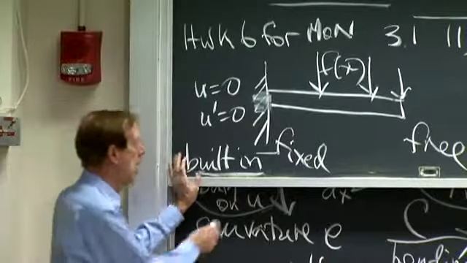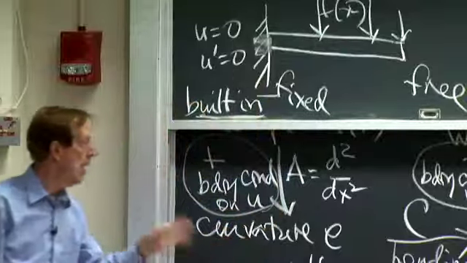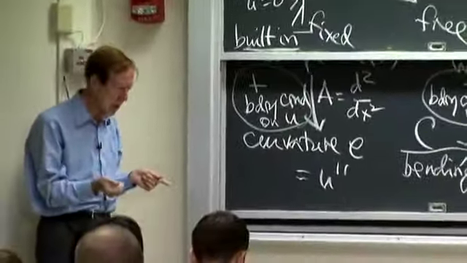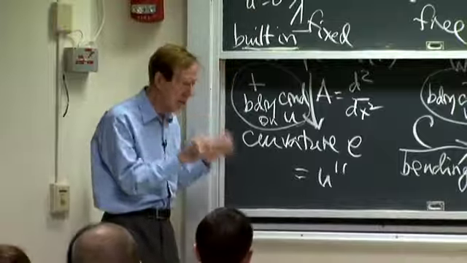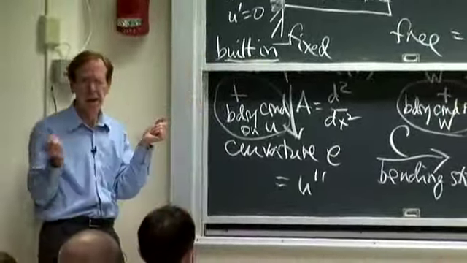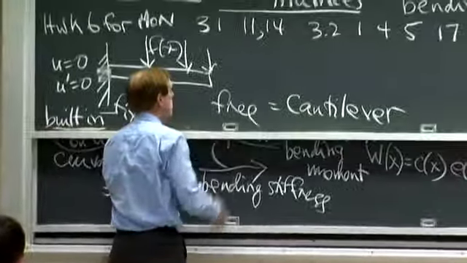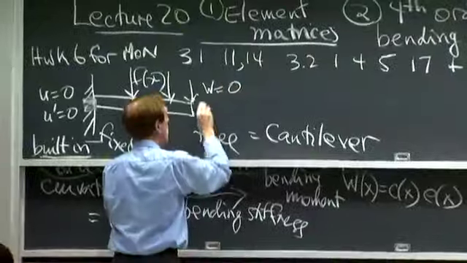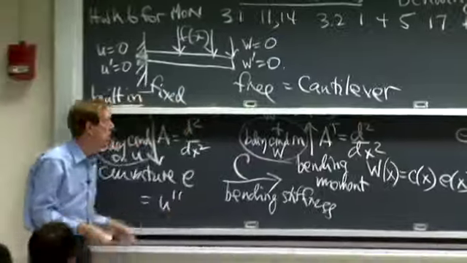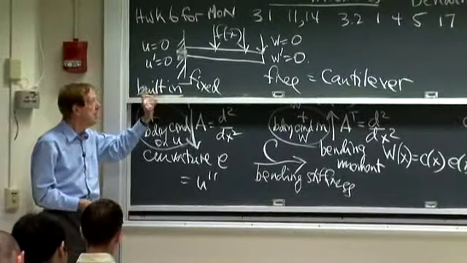Those go with A. So A acts on those, they are the essential conditions, the Dirichlet conditions, the ones I must impose all the way. And now at this free end, what do you think? Well, that's great. It's W equals 0 and W prime equals 0. It's just beautiful the way it all works. So that's a completely fixed free.